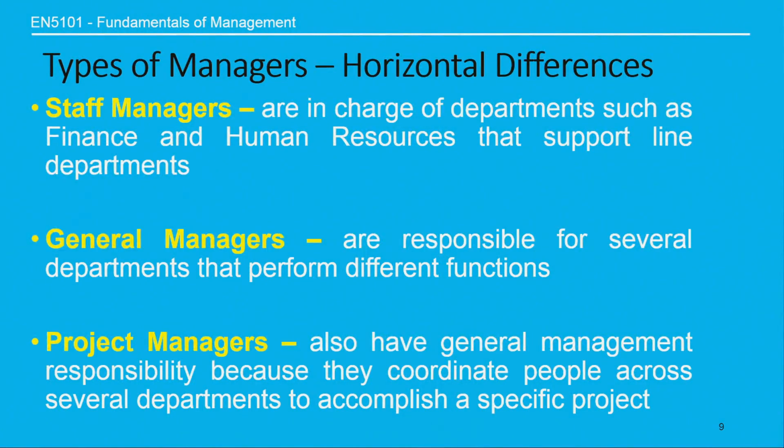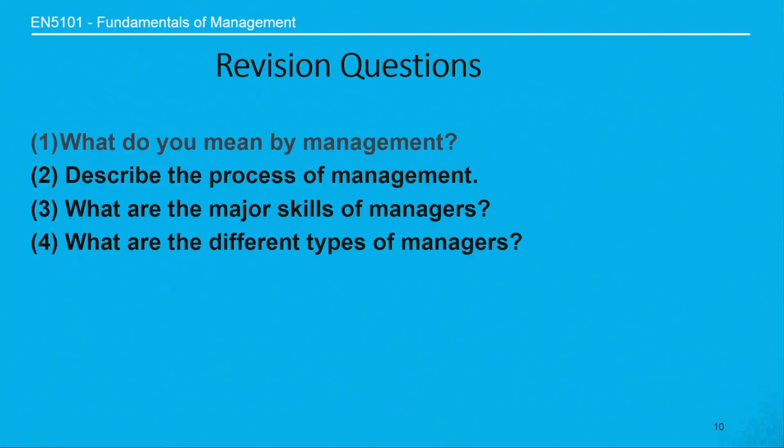General managers are the managers who are responsible for the different departments of the organization. Not only that, organizations undertake some different projects. Then by looking at these horizontal differences, we can identify today project managers also, which are responsible to coordinate people across several projects undertaken by the organization.